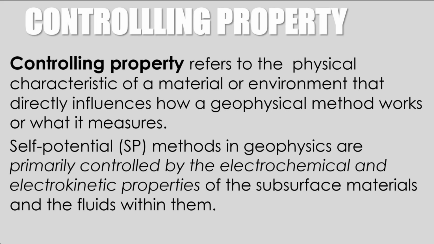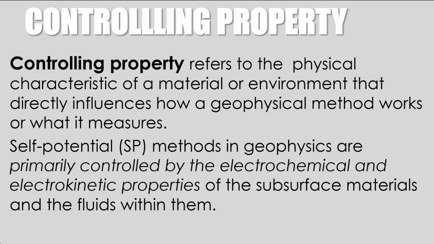Controlling property of the self-potential method. What is a controlling property? This refers to the physical characteristic of a material or environment that directly influences how a geophysical method works or what it measures. In the context of geophysical methods like the self-potential method, the controlling property is the natural electric potential differences in the ground caused by physical or chemical processes such as fluid flow, redox reactions, or temperature differences.